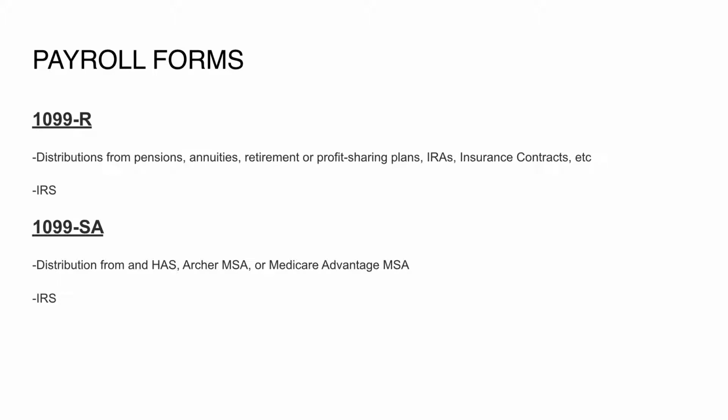Form 1099-R, used to report the distributions from pensions, annuities, retirement or profit-sharing plans, IRAs, insurance contracts, etc., reported to the IRS. Form 1099-SA, distribution from the HSA, Archer MSA, and Medicare Advantage MSA, reported to the IRS.